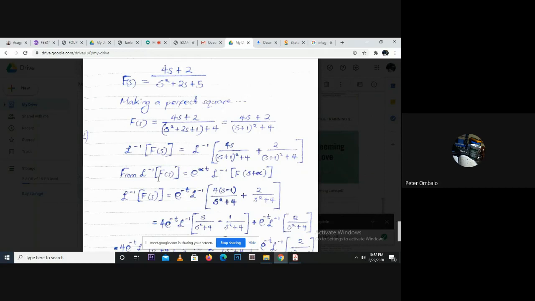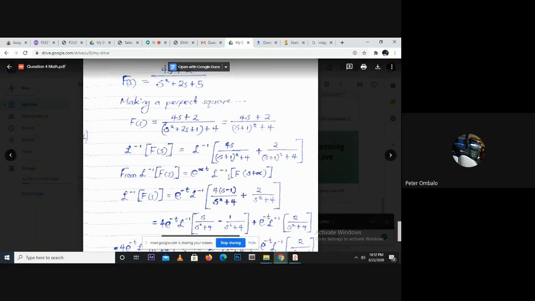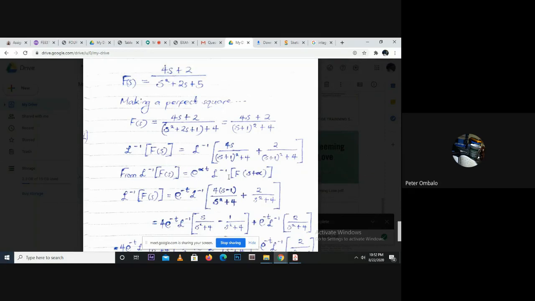From here, we use this formula. What is it called? Index shift. It's called the index shift formula.